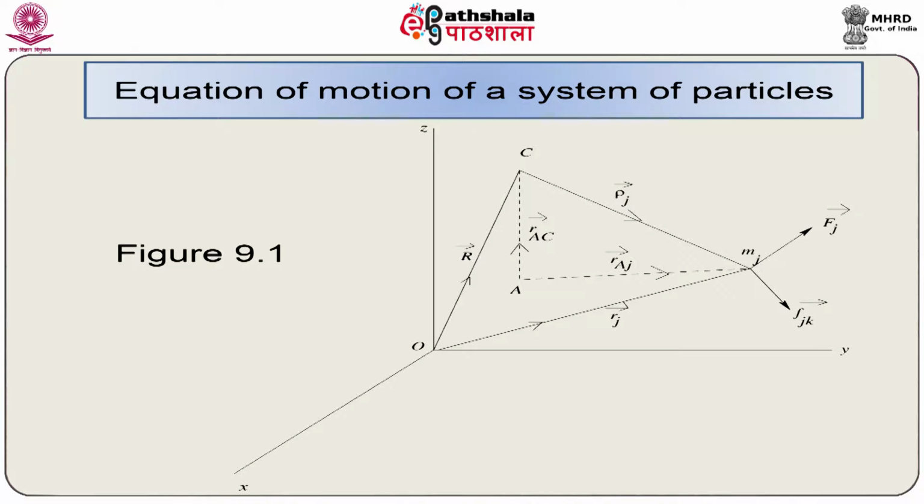Let rho_j vector denote the position vector of mass m_j relative to an arbitrary point capital A. Let R_AC vector be the position vector of C relative to capital A. Here AC are suffixes.